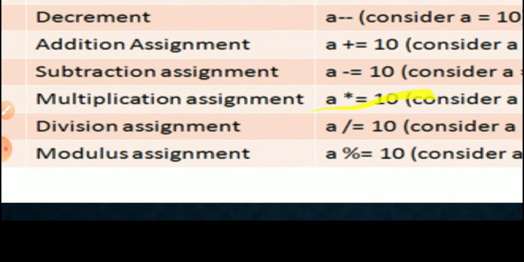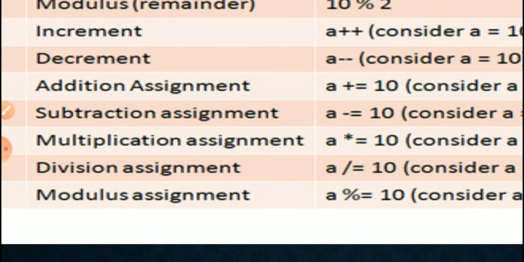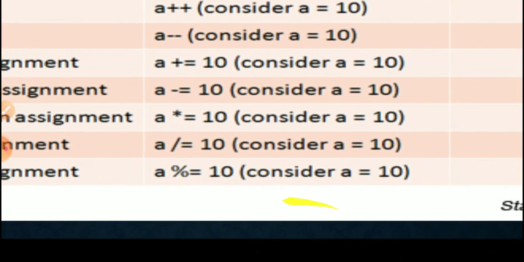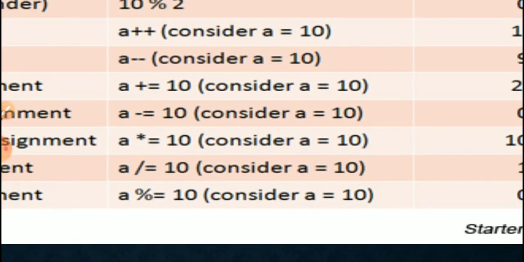See the last example, that is modulus assignment. A equal to a modulus 10. So as I said earlier, the modulus operator gives the remainder. So when we divide a number, we will get some remainder. Okay, that remainder is found by the modulus operator.